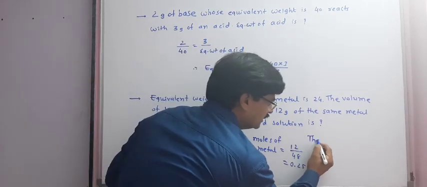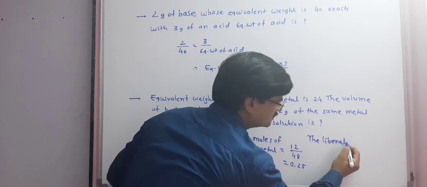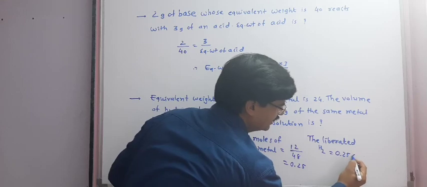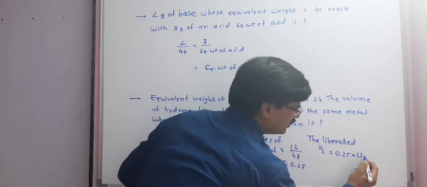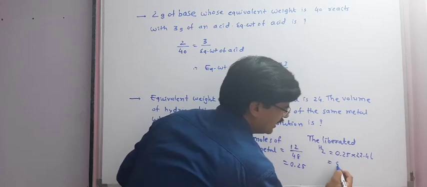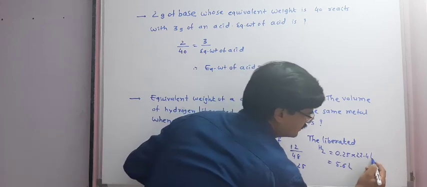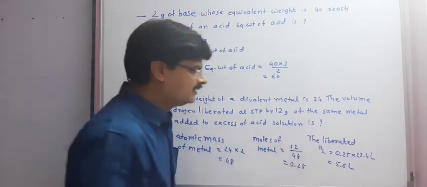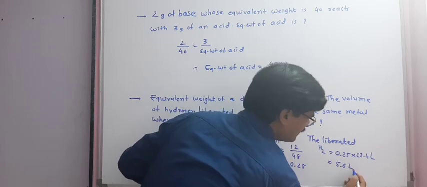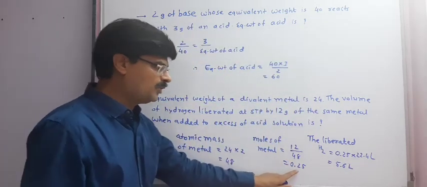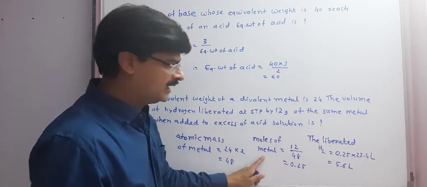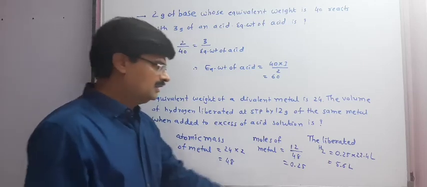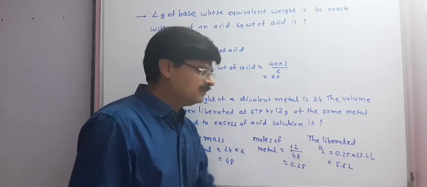Therefore, the liberated hydrogen is equal to 0.25 into 22.4 liter. We will get 5.6 liter. So we can say that the amount of hydrogen liberated is 5.6 liter, because 0.25 is the moles of metal and we know that 22.4 liter is equal to 1 mole. Therefore 0.25 is equal to what? 5.6 liter.